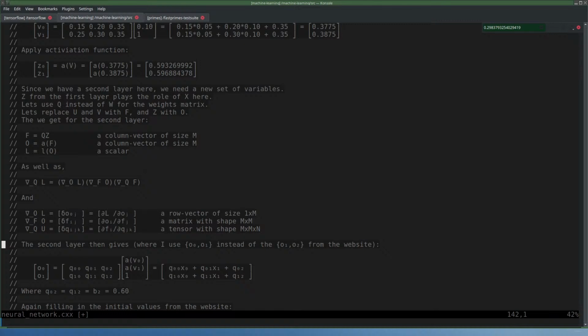So we're still calculating forward here. Yeah, think so. Yeah, so I'm multiplying this with the activation of V, so this must be Z, kind of. This is Z0.